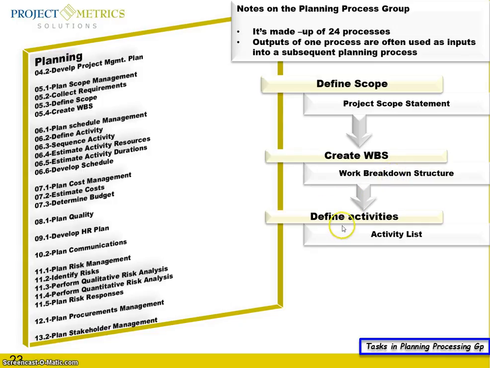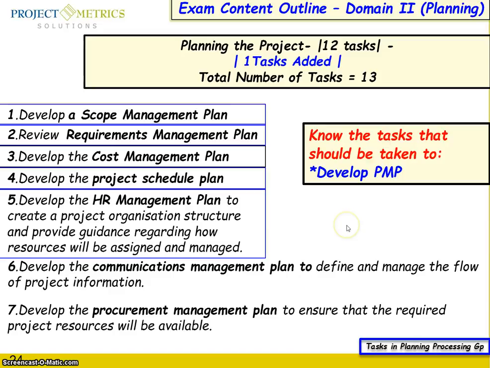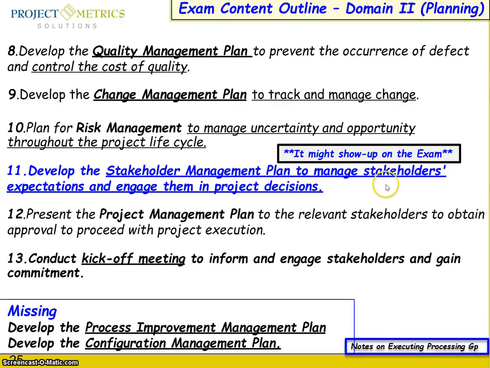I have a trick for you here. When you go to the tasks, we have just added one task, the task that should be taken to develop the project management plan. Now it is ordered, but I'd like you to focus on number 13.